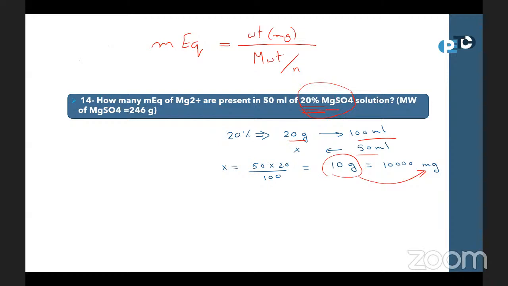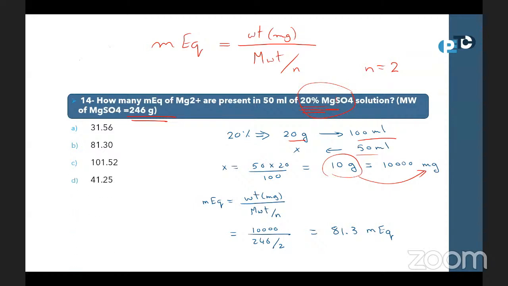How many magnesium ions are in that molecule? Only 1. So n here equals 2. Making this formula, milliequivalents equal weight over molecular weight over n, which equals 10,000 milligrams over the molecular weight that is given, over 2. It will be 81.3. Okay?